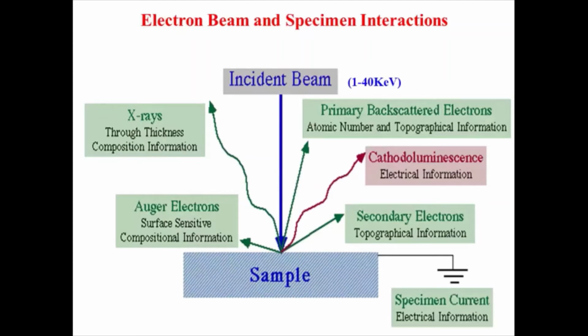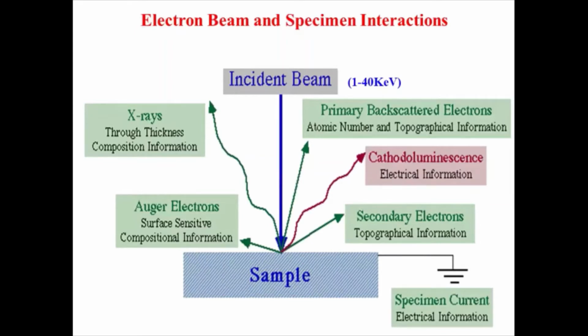So when you focus the electron beam onto the sample, let us consider that you have an electron beam accelerated with an energy of say 20 kilo electron volt, and it is incident on the sample. So what kind of interactions will occur? One of the foremost interactions is that the incident electron may get backscattered.